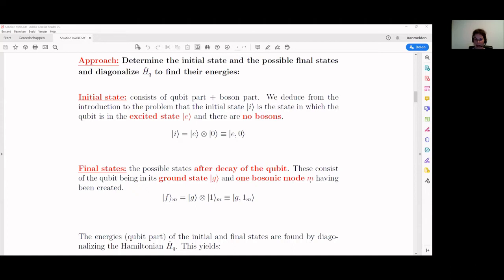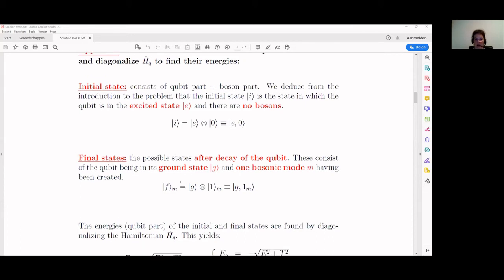Let's label it M. So the possible final state, which is a whole collection, consists of the qubit being in its ground state always, and one bosonic mode with index M being created. And just like I did here, I can also shorten this into this notation, G, and then something like one boson with label M, 1M. So that's the initial and the final state.